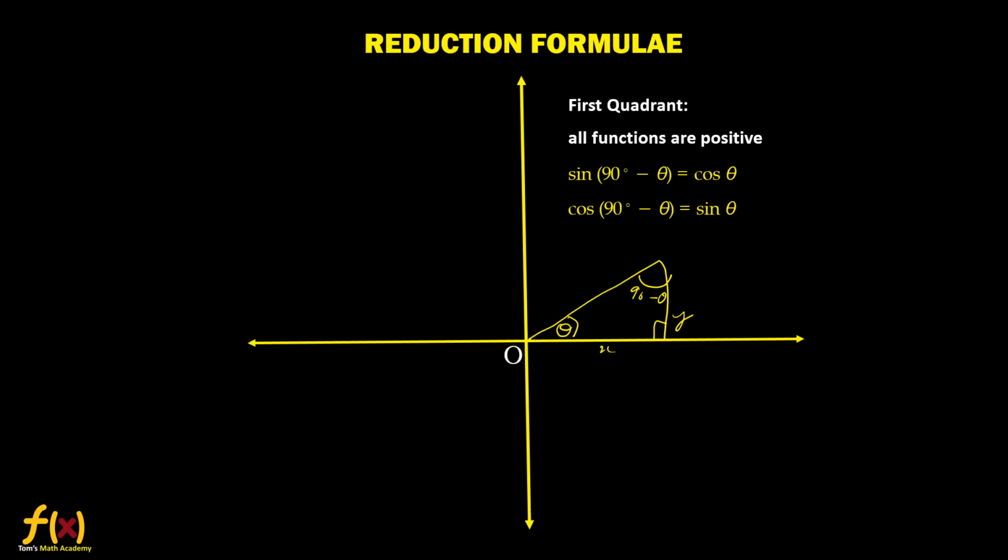Don't think about the theta now. Let us talk about only 90 minus theta and the values, what happens. I'm marking it 90 minus theta, and this is theta, here is y, here is x, and this is our r.